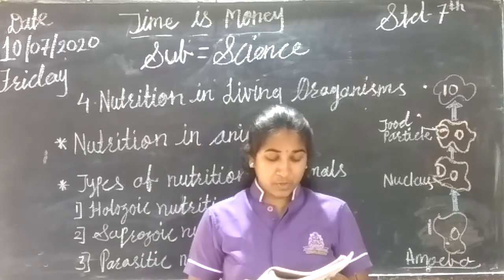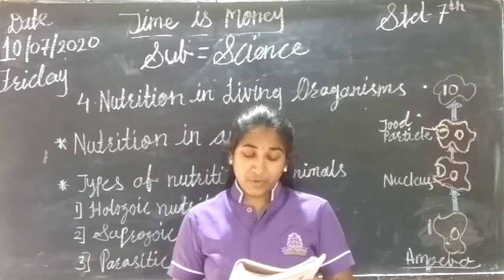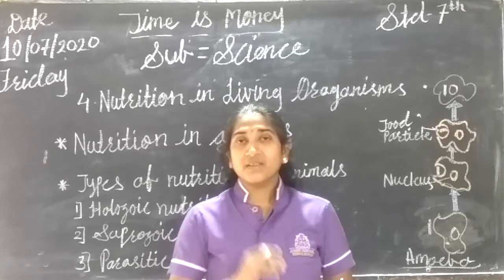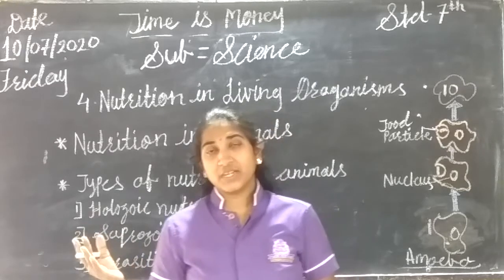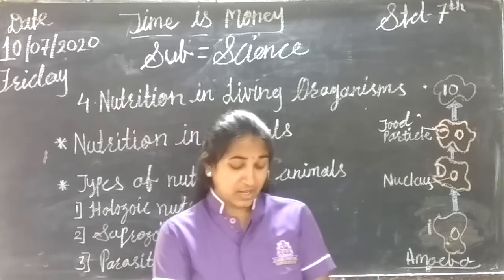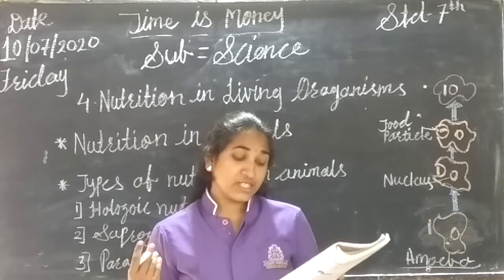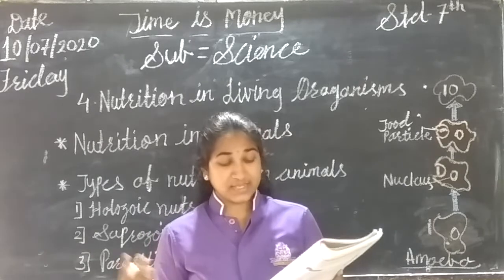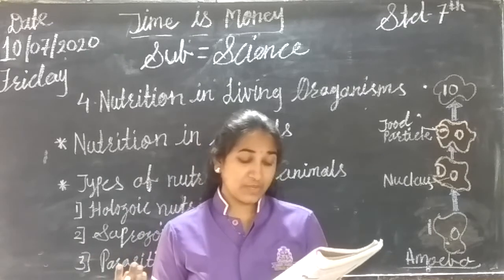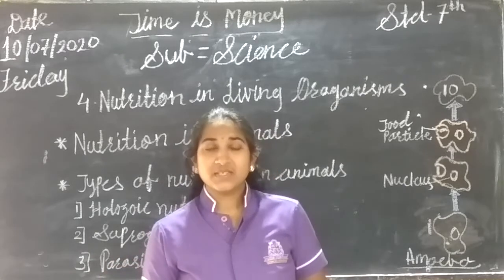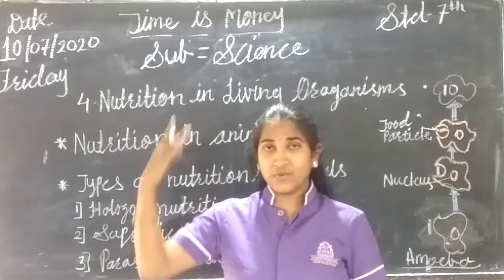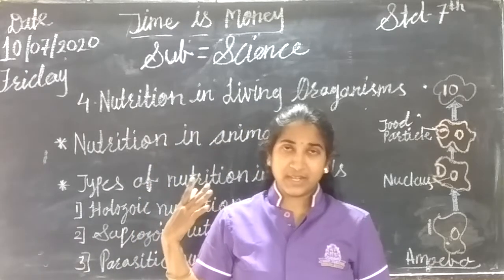Then third is absorption, the transfer of soluble food to the blood. The soluble forms are transported into our blood. The fourth step is assimilation, utilization of absorbed food by cells and tissues for energy production, growth and repair. From our body, from the leg to the head, the blood is circulated, right?